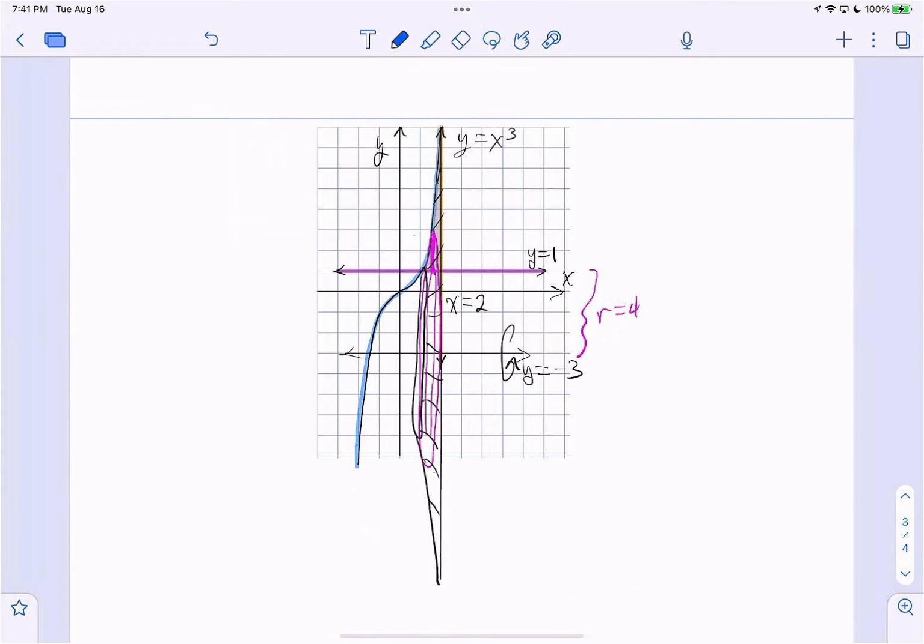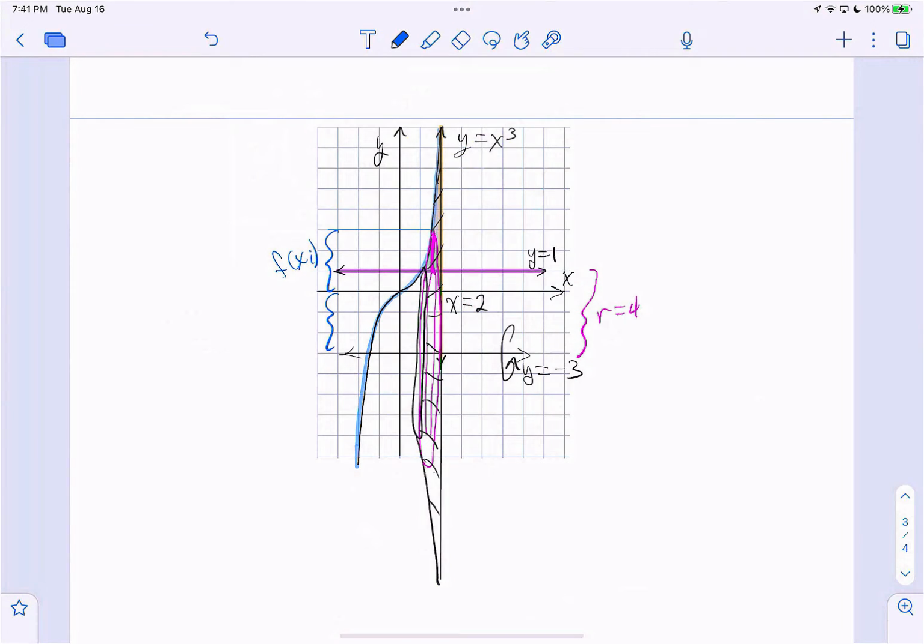Now the outer radius for the washer, there's the function height, right? Okay, there's the function height. And then the radius is the distance between that value here and the axis of rotation. Well, this distance here is f of x sub i, we'll say.